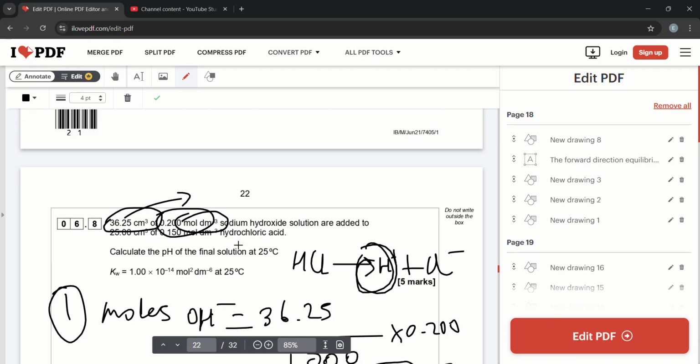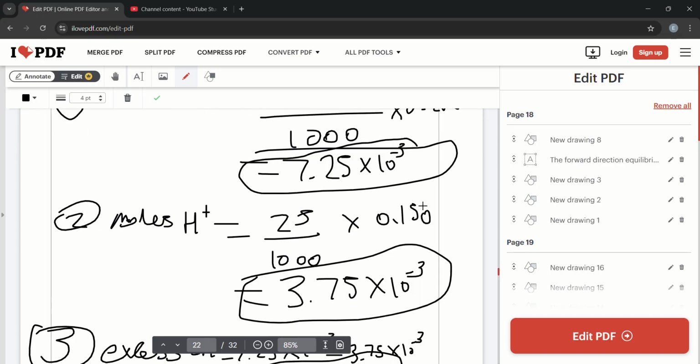Now what do we do? Well, we know to calculate the pH it's minus log 10 of H plus, right?